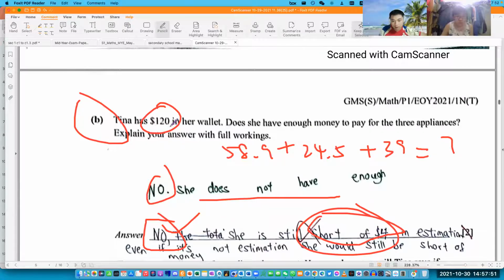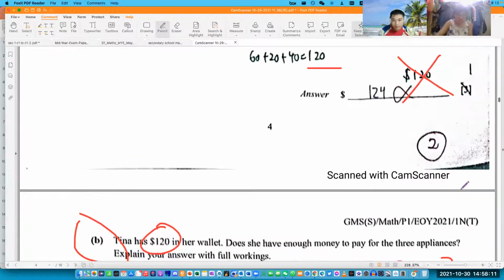Can you use your calculator and give me the final answer? 58.9 plus 24.5 plus 39. 122.4. You see, 1 to 2. That's why short. Not enough money. Can you use the estimation? Cannot, right?